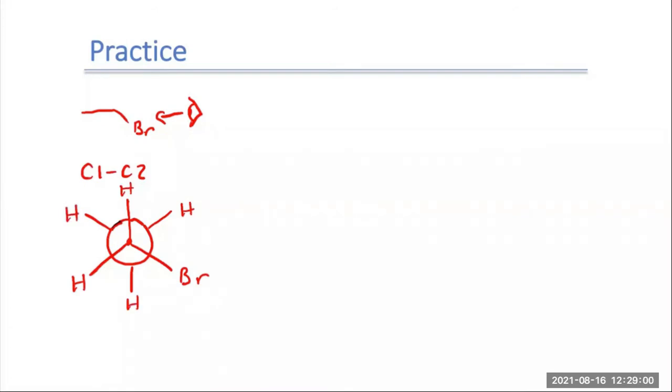Let's try one more just to practice. We'll do it from a couple different ways. So here we have our compound, our 2-methylbutane. And we can draw it from a couple different perspectives. So first, we're going to go C1 to C2, and our eye is looking directly that way.